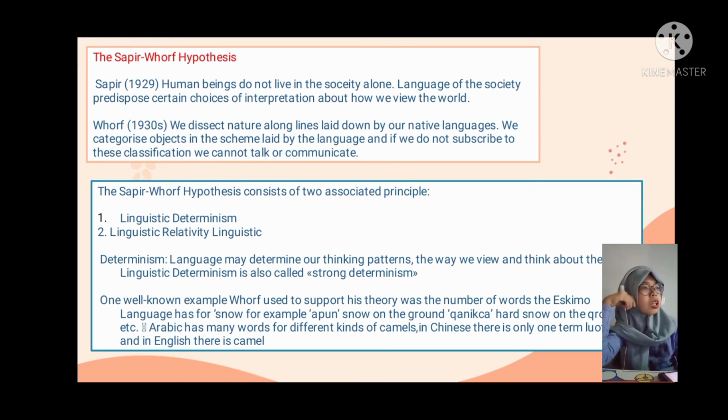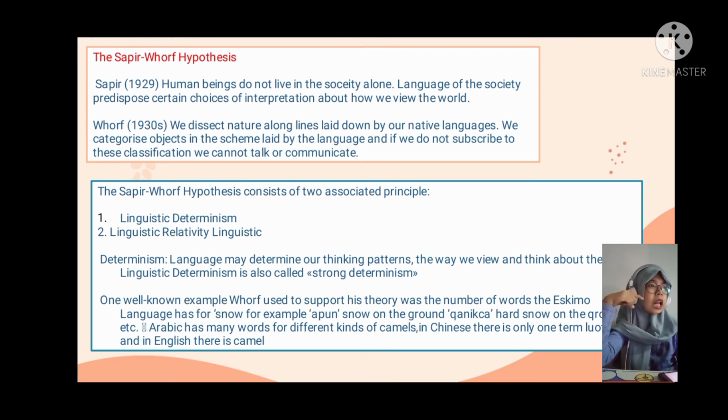We categorize objects in the scheme laid out by the language, and if we do not subscribe to the classification, we cannot talk or communicate with others. The Sapir-Whorf hypothesis consists of two associated principles.